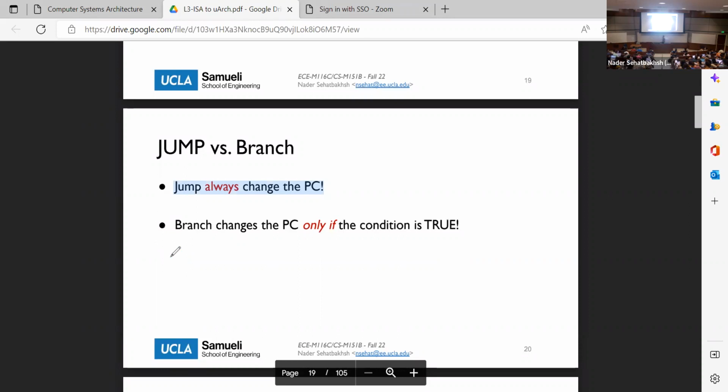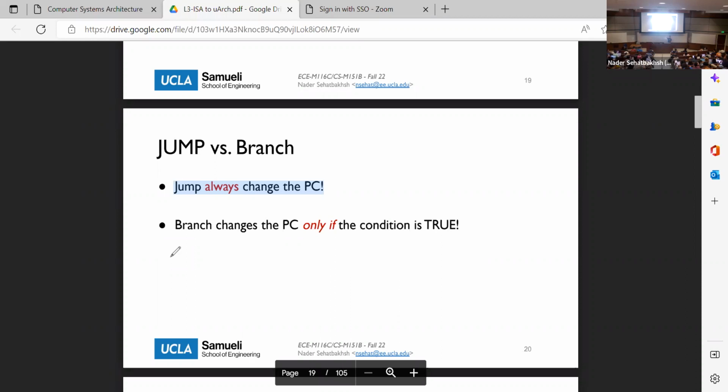Okay, so think about the best use case for jump: a function call, right? For example, in your code, you call this function to do this. That's exactly where you want to use jump, because the beginning address of your function is somewhere else in your memory.